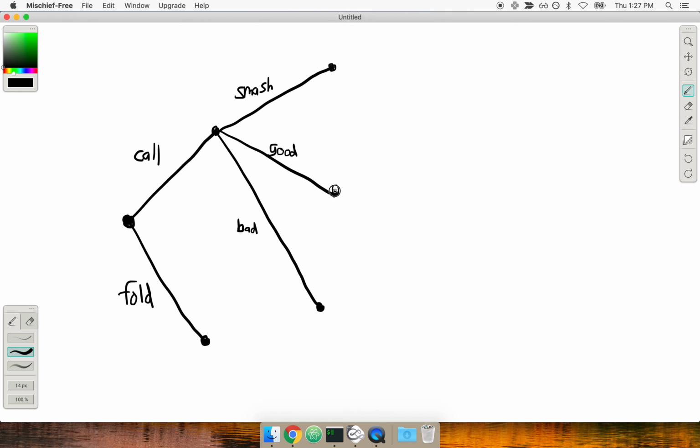But if we have a good flop, we're going to c-bet. And after that, there's 2 things that can happen. We can get called, or we can get a fold. And like before, there's really a third possibility of getting raised, and a fourth possibility, raised to half pot, to full pot, to 3/4. There's various sizes, so we could draw a million branches off of this.